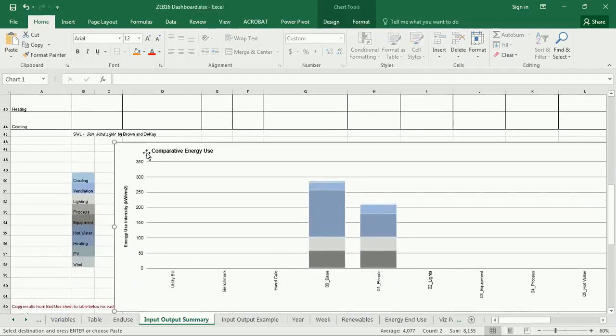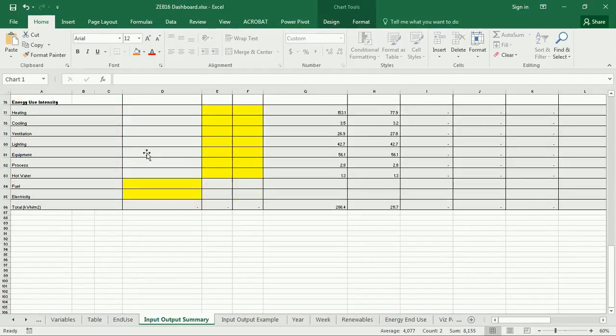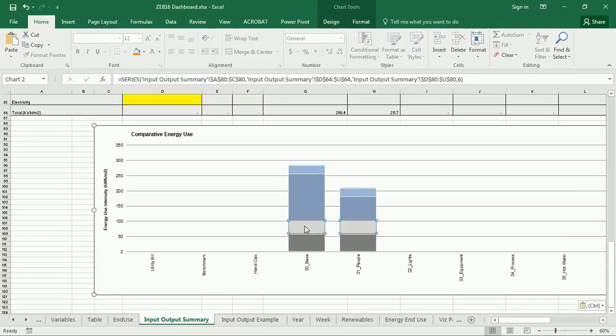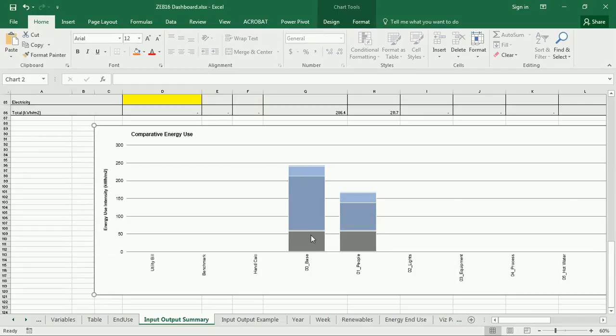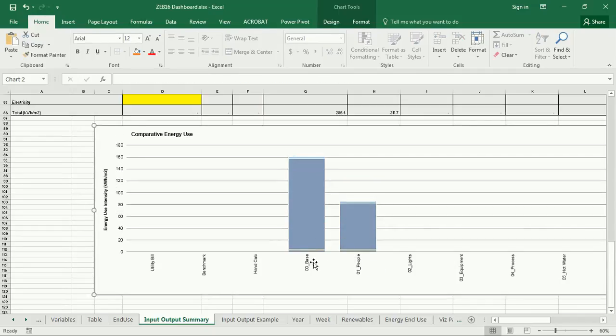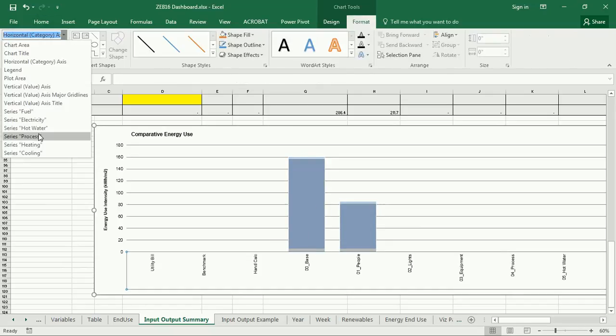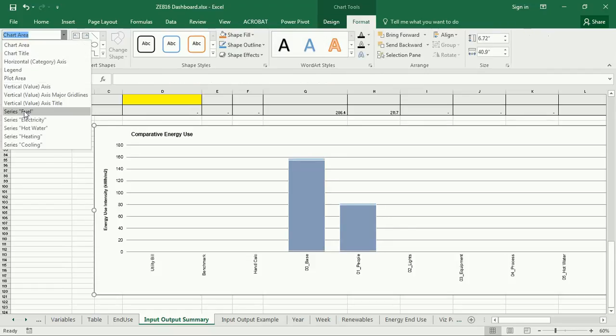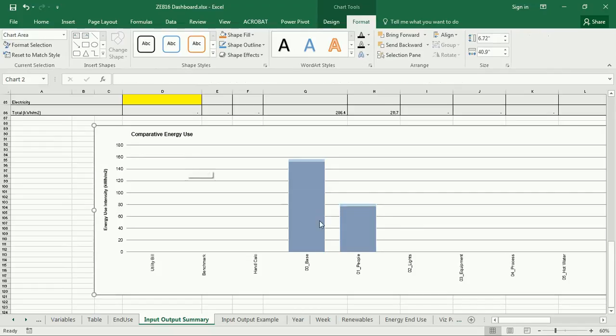So I'm going to press Control C, and then I'm going to paste this down here, Control V, and I'm going to erase everything except for the heating and cooling. And if I can't click on it like that, I go to Format, Category, Process, Delete, Format, Category, Hot Water, Delete. So now I've just got heating and cooling here to compare.